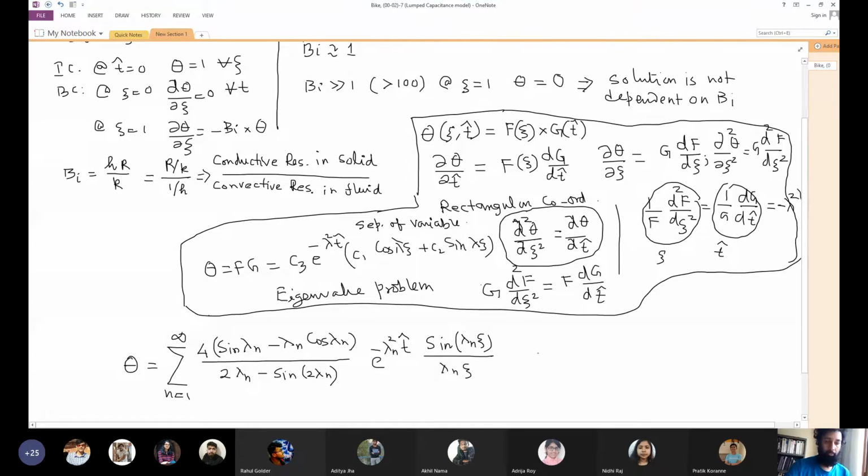So this is the solution. And what is lambda n? Lambda n is the root of this equation.